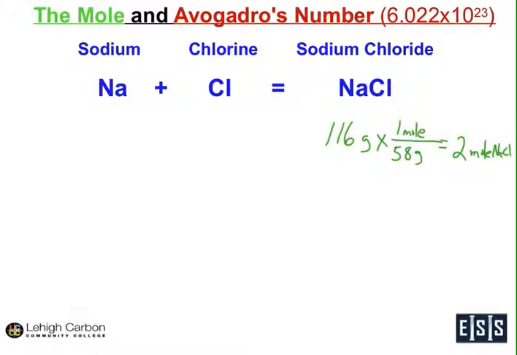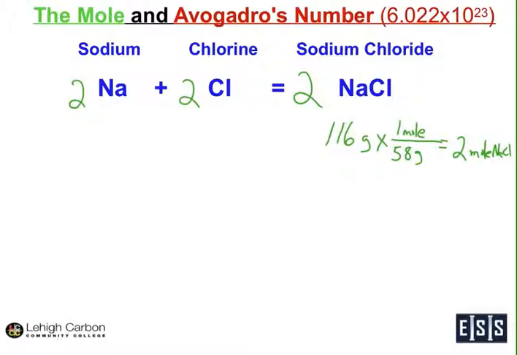To make 2 moles of sodium chloride, you'll see in a chemical equation, a big 2 here, we want to make 2 sodium chloride molecules, or moles. Then we're going to need 2 sodiums and 2 chlorines in order to make this compound. And so we need 2 moles of sodium.